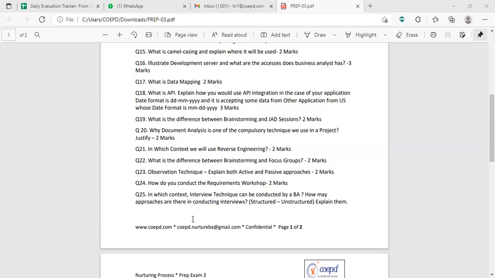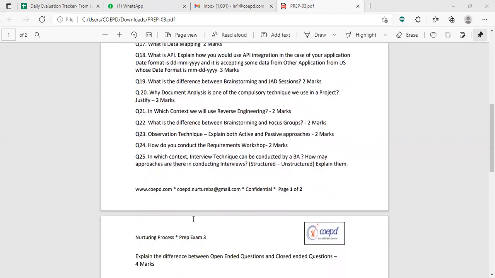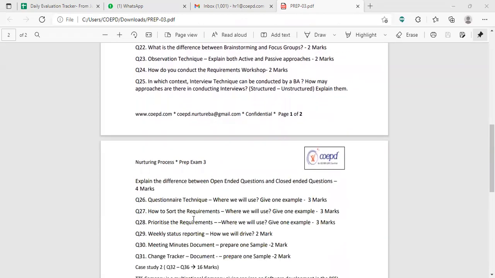You have to explain that in a paragraph. Okay, clear? You can also explain the difference between open-ended questions and close-ended questions. So, the 25th question will require: what is an interview technique? In which scenario should you use an interview technique? How many approaches are there in conducting interviews?